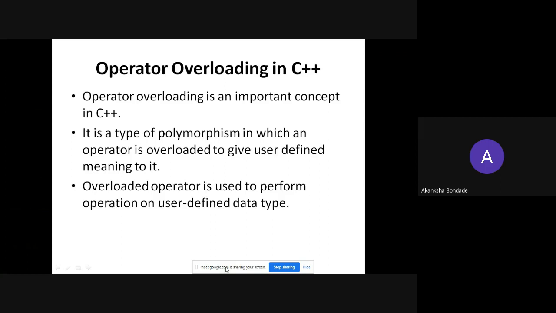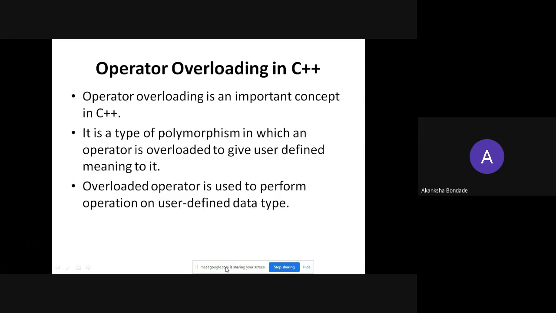These operators perform operations with variables. For example, addition is performed on two variables, adding their values. So this is called an operator, and it performs some operations.